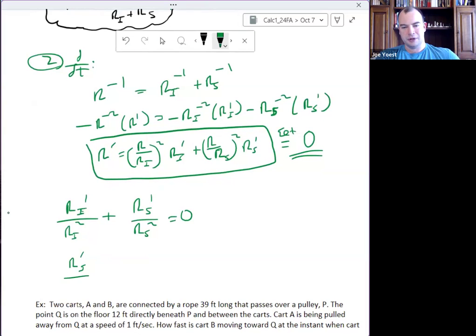So I have Ri prime over Ri squared equals negative Rs prime over Rs squared. I suppose I can maybe multiply my Rs squared over and divide by Ri prime.